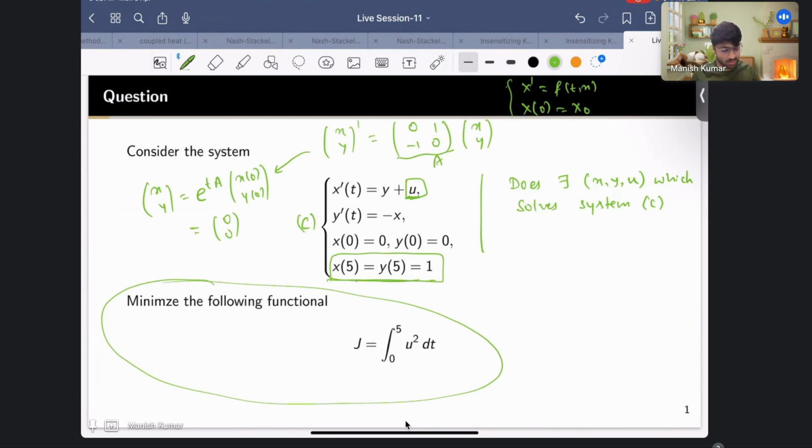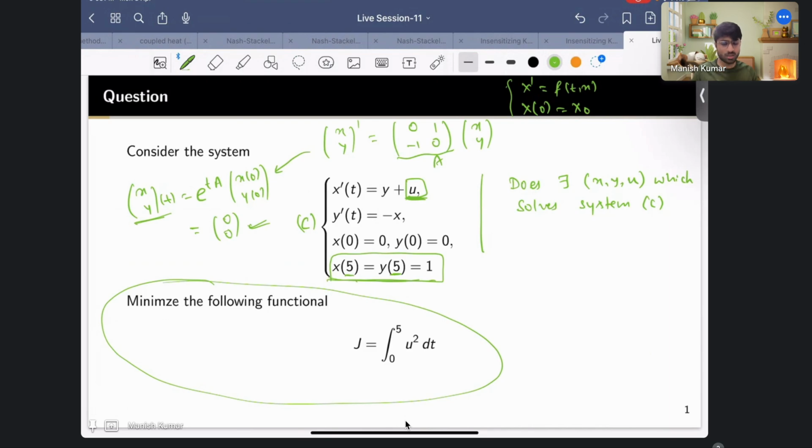At that point the control plays a very vital role. You want to find a control u so that the trajectory does not remain this. It has to be changed so that at t equals 5, the solution (x, y) at time 5 is (1, 1).